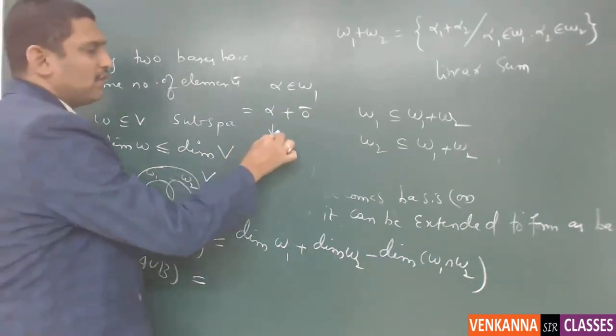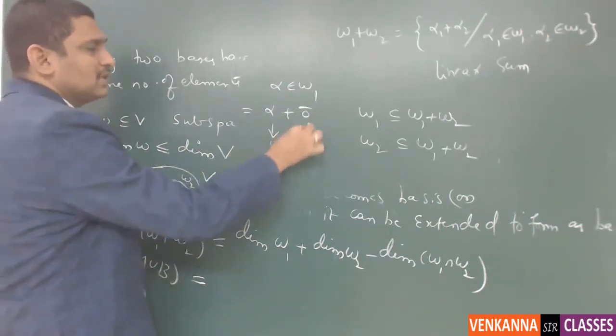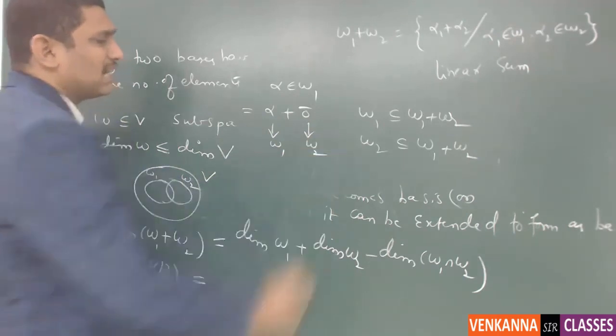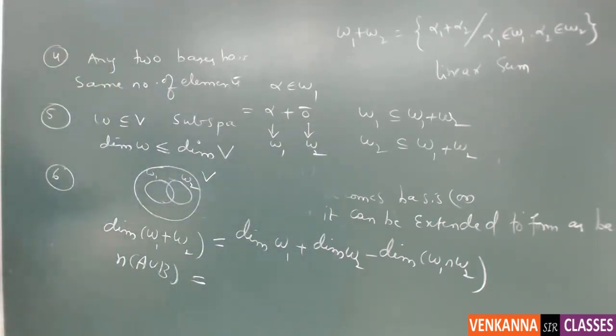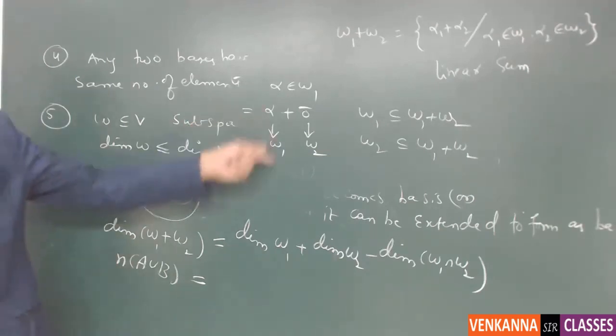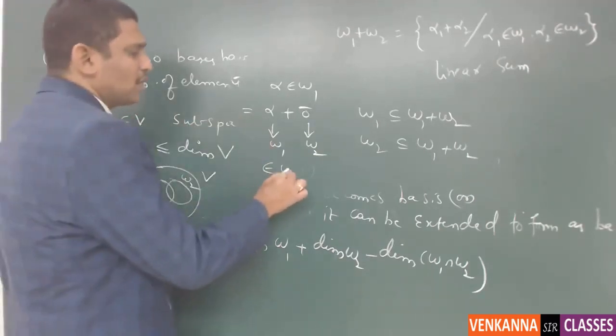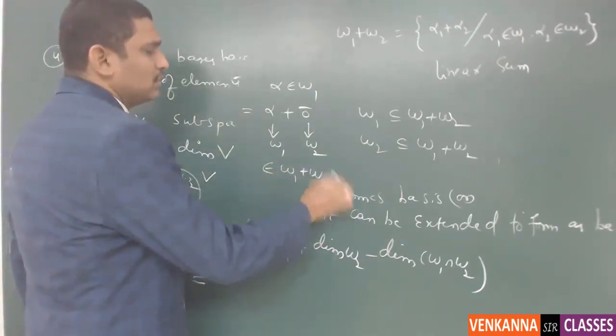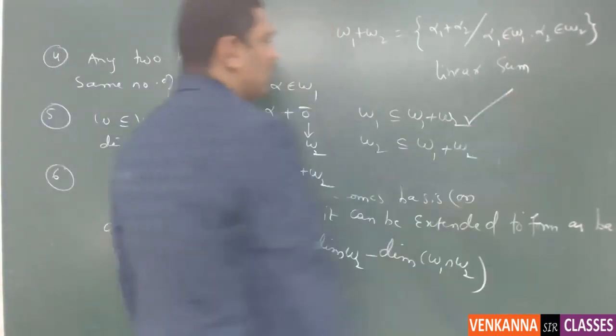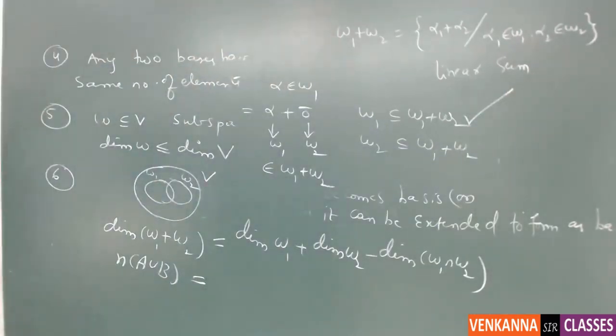The first part belongs to W1, the second part belongs to W2 because every subspace contains the origin by default. So you can say that this belongs to W1 plus W2. So W1 is a subset of this one. The sum is always a big set compared to the individual sets.